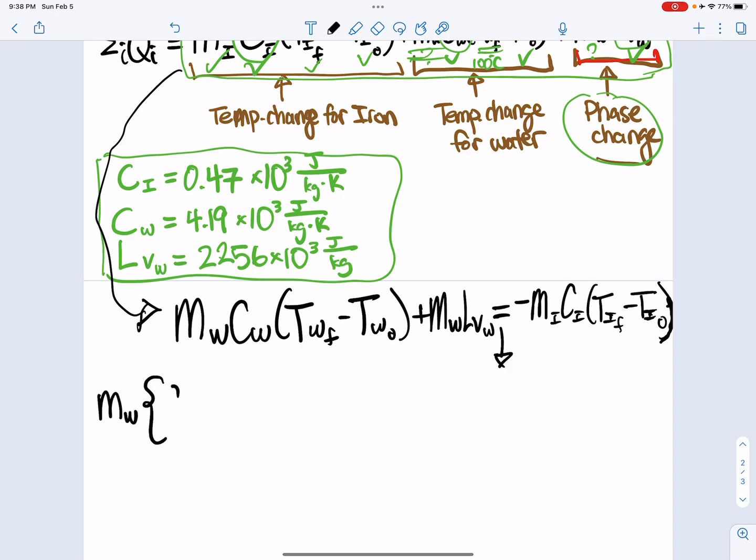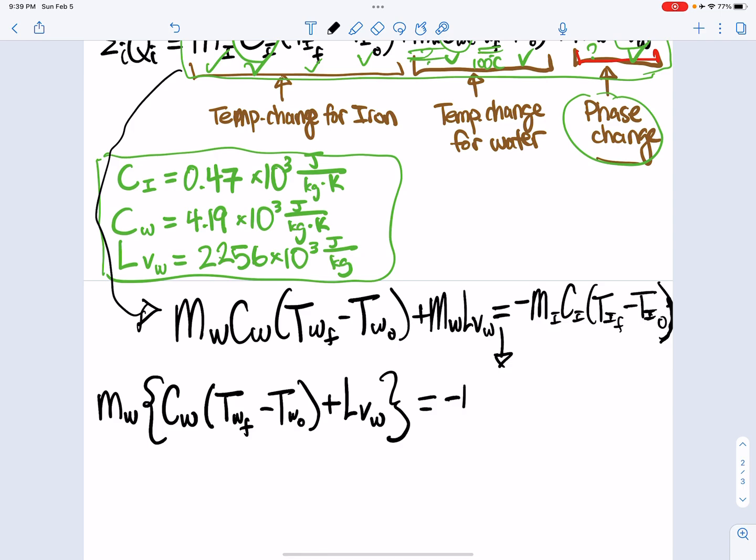We have specific heat of water times final temperature of water minus initial temperature of water, plus latent heat of vaporization of water, is equal to negative mass of iron, specific heat of iron, times change in temperature of iron. Okay.